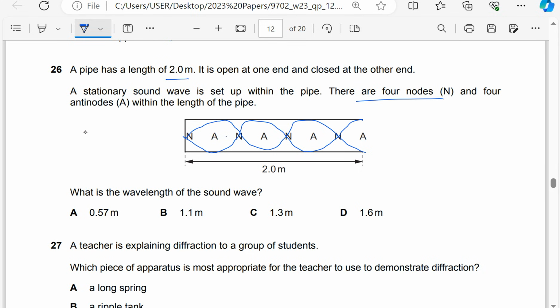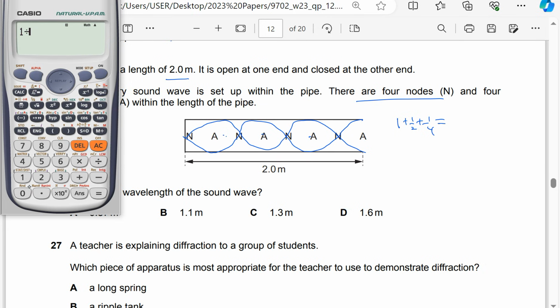So this is a half, one wavelength, 1.5 plus a quarter. So we have one wavelength plus a half wavelength plus a quarter. This is equal to 1 plus 0.5 plus 0.25.